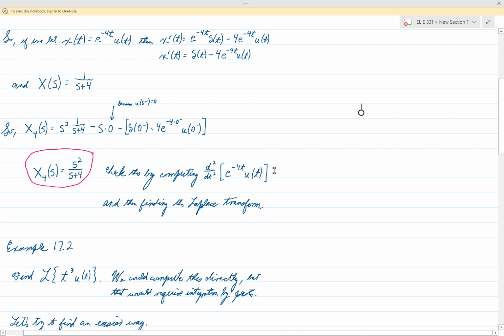Compute the second derivative of that first, and then take the Laplace transform of the result and make sure you get this same answer. So again, that example gives us a little practice using the formula for the Laplace transform of the second derivative, and this is a formula we will use a good bit more in the near future.